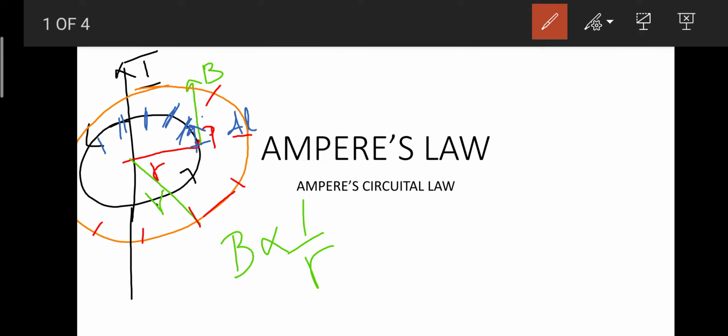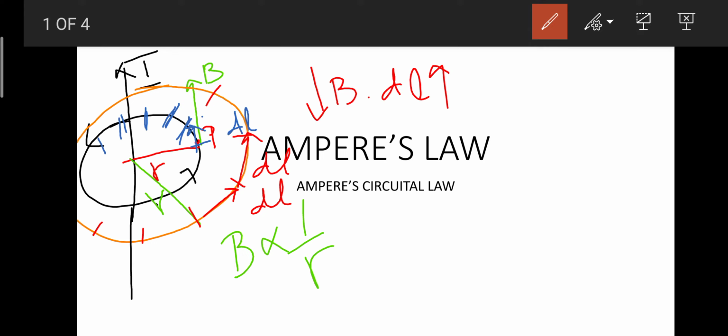Now you see that this is dl, this is dl, and the length of the element in this case is greater. We are increasing the value of dl in the product B dot dl. B is already decreasing, so B is weak in this region and has a smaller value, and so we have increased dl.